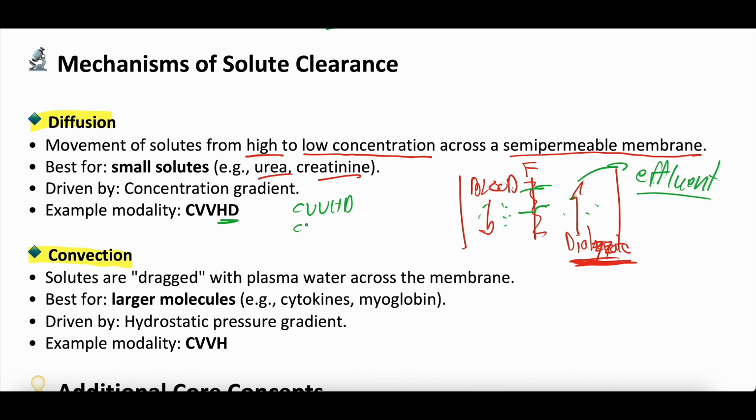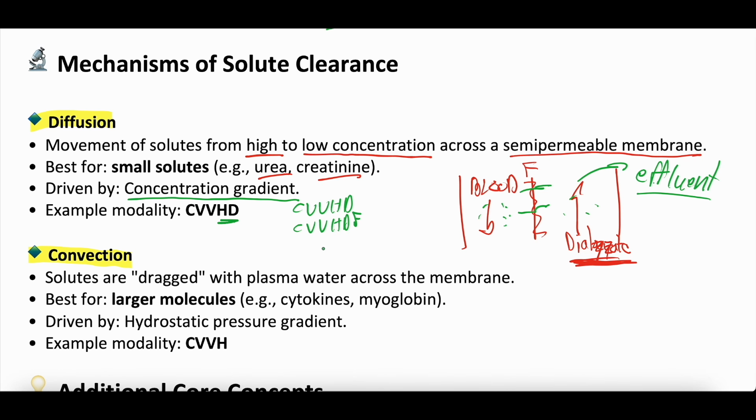CVVHD, hemodialysis, and CVVHDF, hemodiafiltration. All right, we talked about how the flow rate of the dialysate is what maintains the concentration gradient, and that a higher dialysate flow rate leads to more solute clearance.